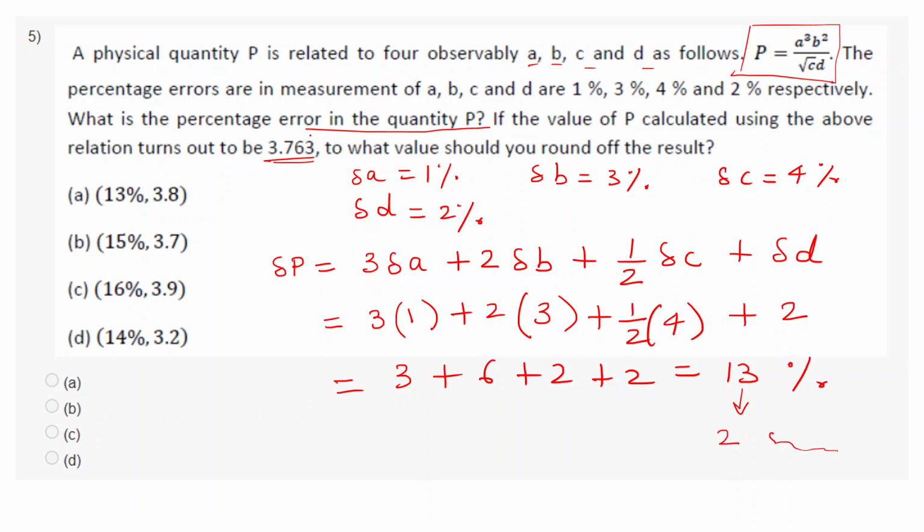So this error also should have 2 significant figures. When we round it off till here, it will be 3.8. So the correct answer should be 13%, and this should round off to become 3.8. So A is the correct answer.